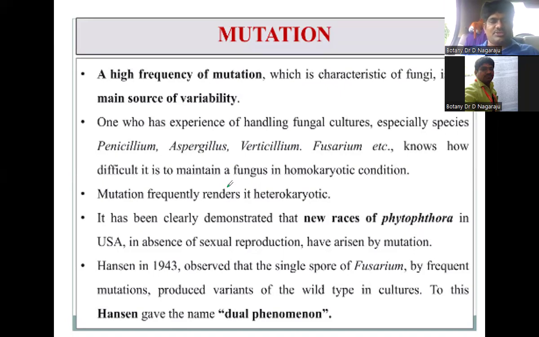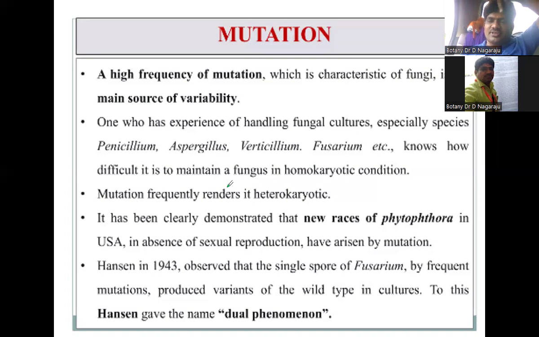Variability of the sources is seen especially in Penicillium, Aspergillus, Verticillium, and Fusarium. Mutation frequently happens in this group of fungi.